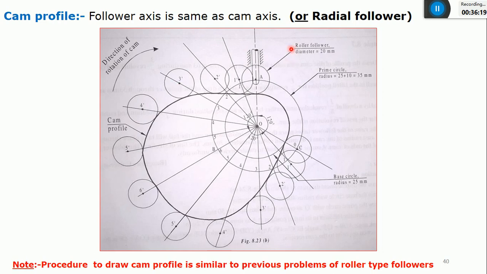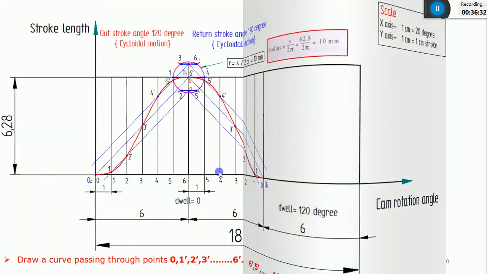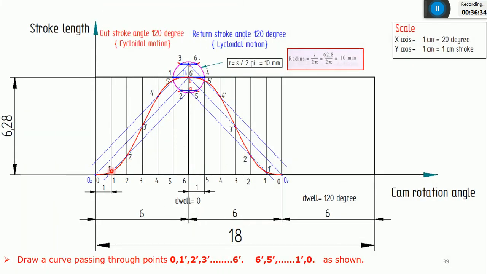As I said, from the displacement diagram, I need to transfer the distances, that is 1 to 1 dash, 2 to 2 dash, 3 to 3 dash on these radial lines, both for outward and for return stroke. You can get here 1 to 1 dash, 2 to 2 dash, 3 to 3 dash, up to 6 to 6 dash for the outstroke. In a similar manner, 5 to 5 dash, 4 to 4 dash, up to 1 to 1 dash.